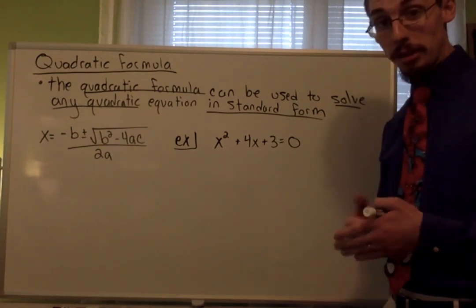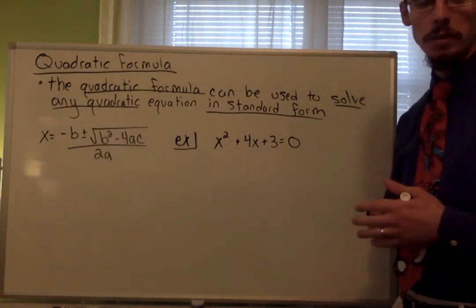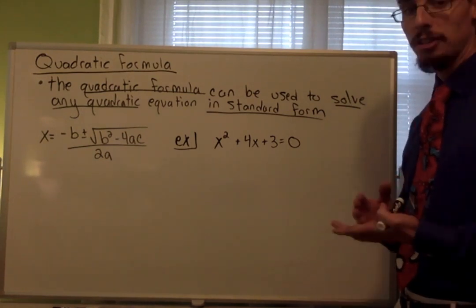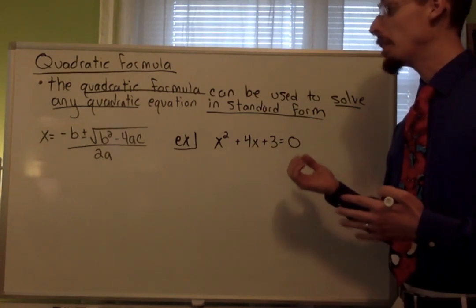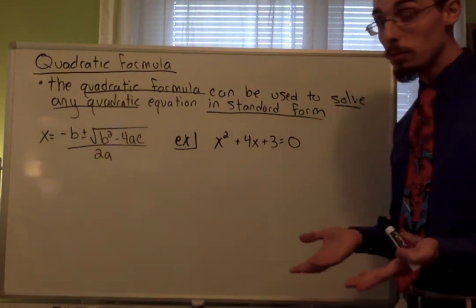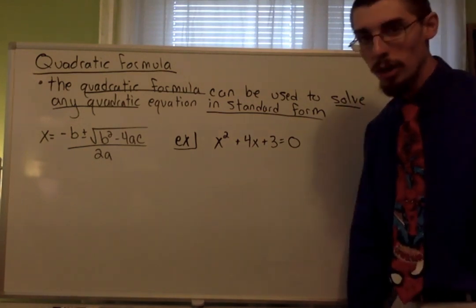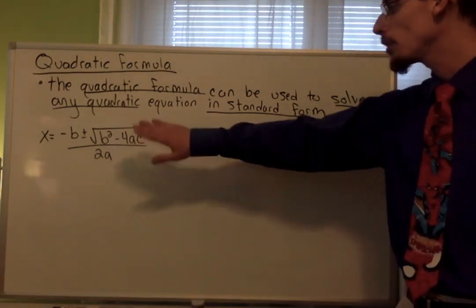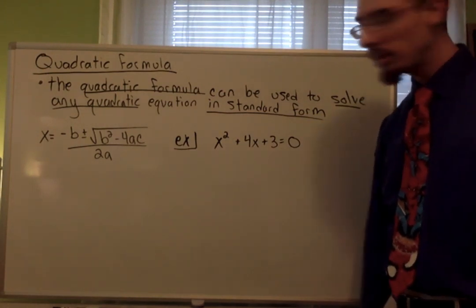If there's faster methods, which factoring is a faster method, graphing is a faster method as long as you have a calculator, they are faster. So we show you how to do those. But theoretically, if you wanted to, you could use the quadratic formula to solve any quadratic equation, right? This formula right here. Now, it looks complicated, but it really isn't.